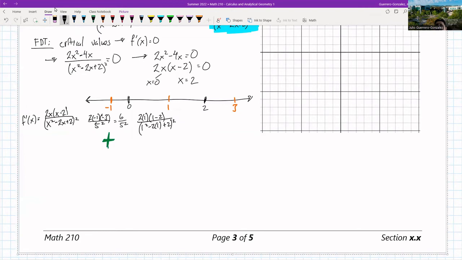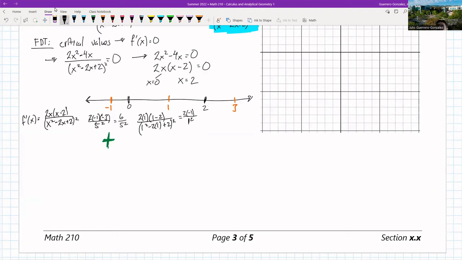Usually this is where people mess up, and it gets annoying. 2 times 1 is 2, 1 minus 2 is negative 1, so I get 2 times negative 1, all over (1 minus 2 plus 2), which is 1 squared.